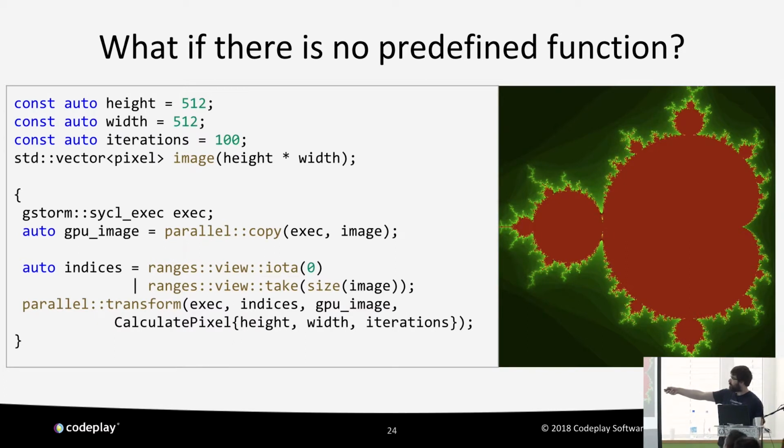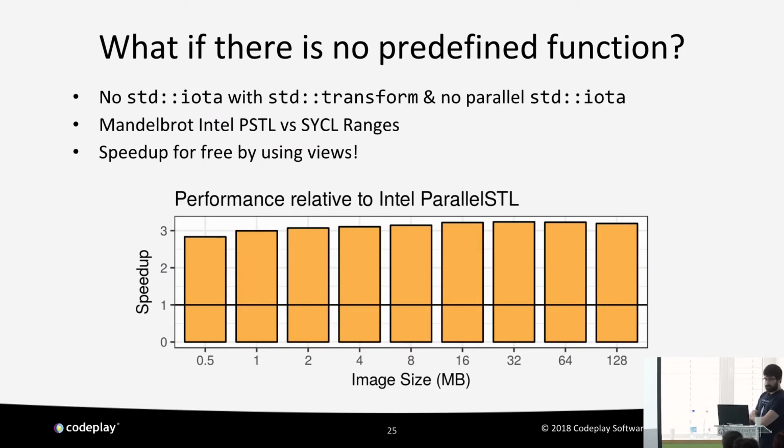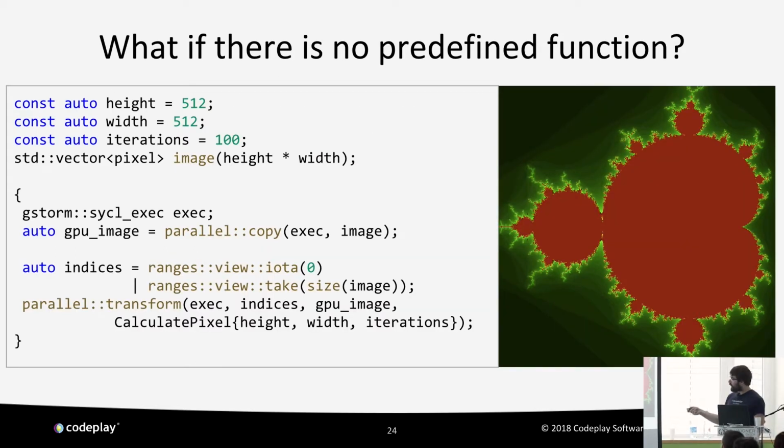So what we have here is our host image, and we've also got a GPU image, which is going to be on the device. And the way in which we're going to compute this is we're going to use indices to the image as data points to do our transformations. And the way in which we describe this is to take iota.